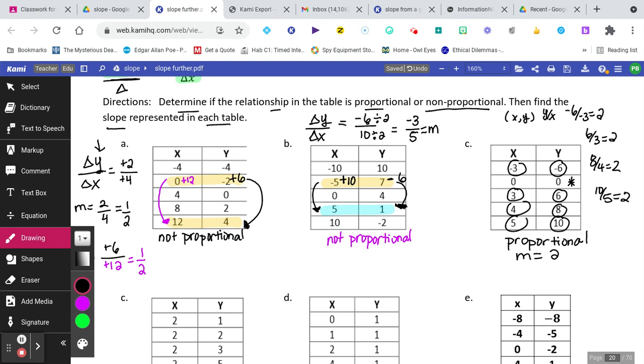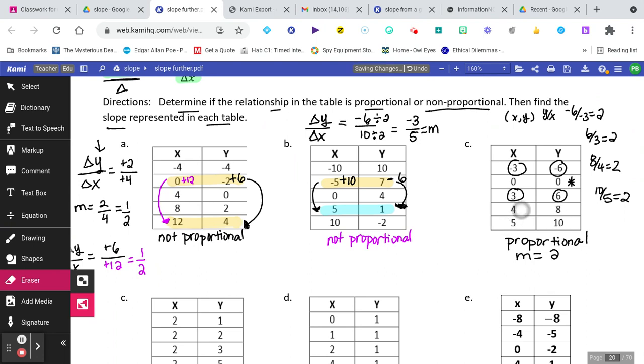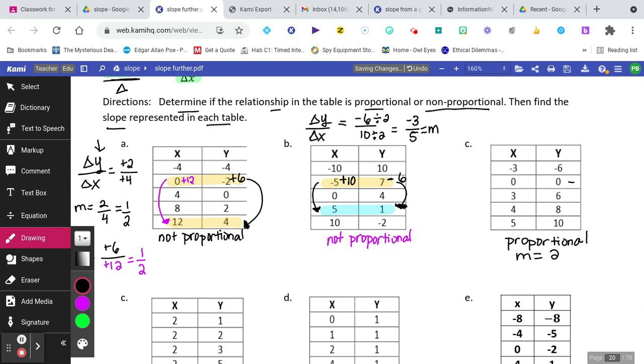All right, so now what I want to do is check to see if this other formula will work on something like this. I know for proportional, I can just take an x and a y and divide y by x. But if I can just stick to using one formula instead of choosing whether it's proportional or non-proportional, I'd rather do that.